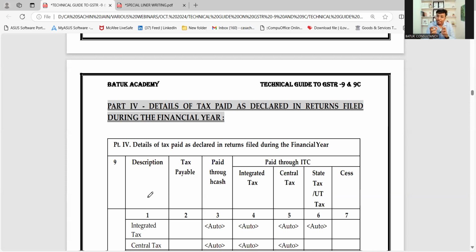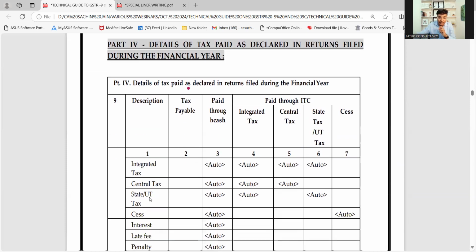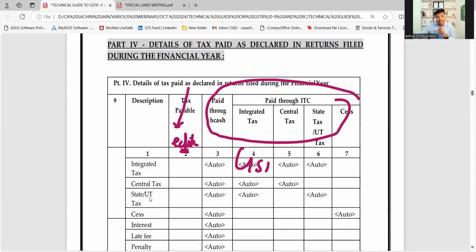In this part, you may edit your tax payable. This field is editable, but all other fields are auto-populated from GSTR 3B.